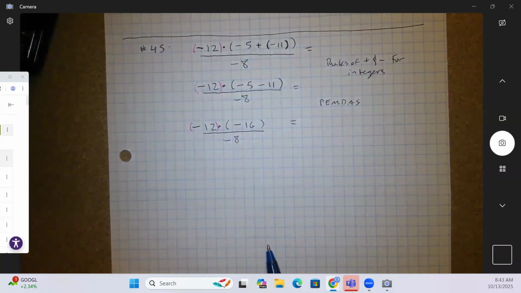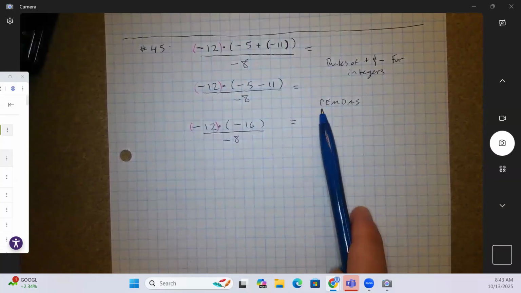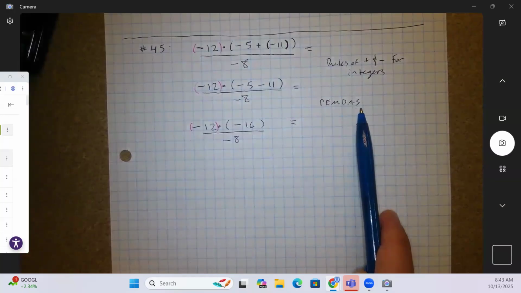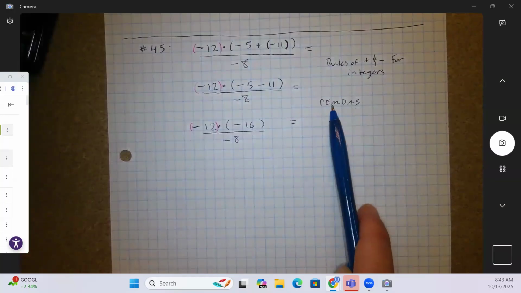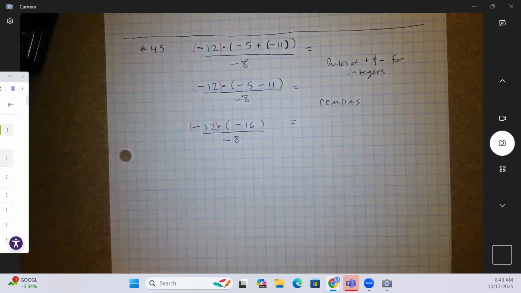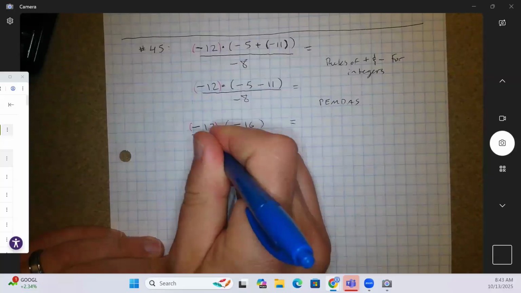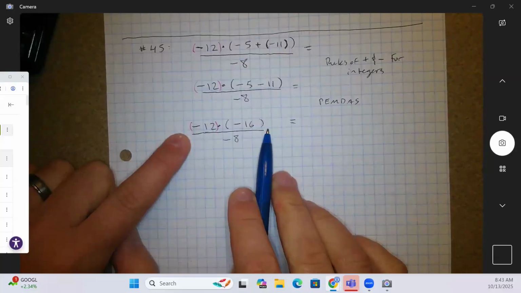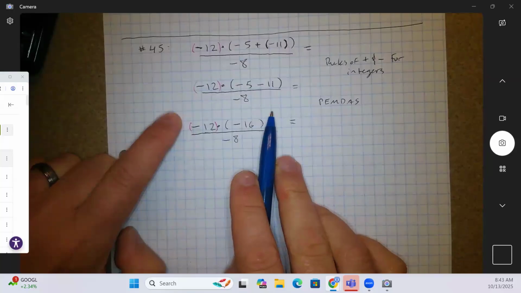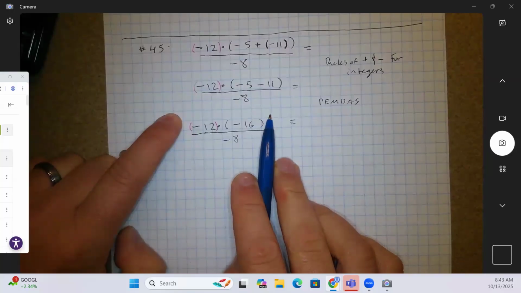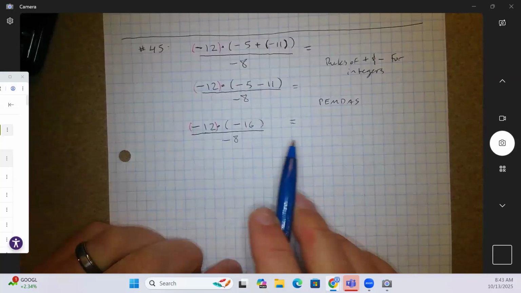So I have negative 12 times negative 16 divided by negative 8. What comes next in PEMDAS? Multiplication. Yeah, comes before division. Which is good because that reinforces that not only does multiplication come before division, but this vertical division implies that you do the top and you do the bottom before you do the division.